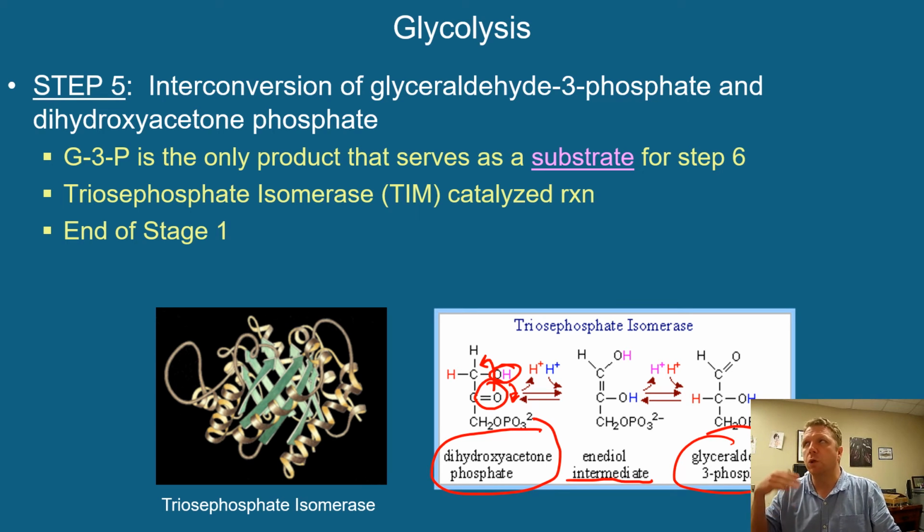We have completed stage 1, or phase 1, of glycolysis. It took us a couple of different reactions: phosphorylation, isomerization, phosphorylation, a split, and then an isomerization. So if you think about stage 1, think phosphorylation. You've got to rearrange it, so you use an isomerase.